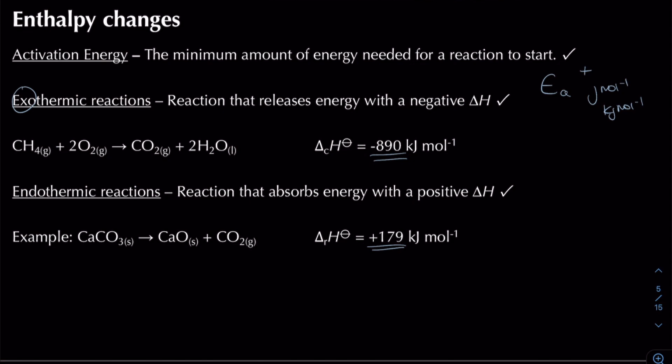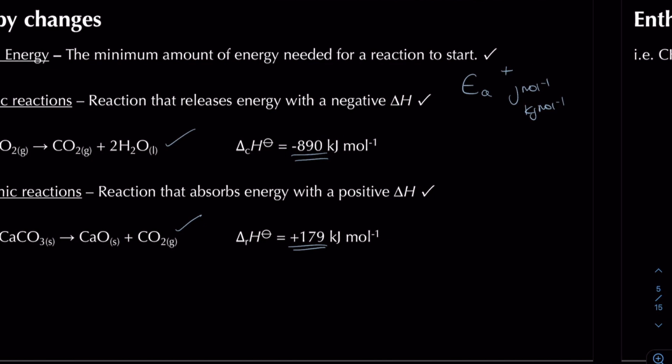You can see that because we're burning a substance over here, whereas over here we're putting heat energy into the system. What we're doing is breaking calcium carbonate down to form calcium oxide and carbon dioxide. You know this reaction from GCSE as the thermal decomposition of calcium carbonate. You heat it up and it breaks apart into calcium oxide and carbon dioxide.